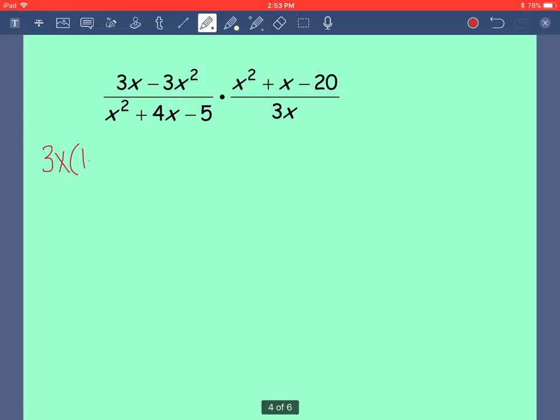And I'm left with 1 minus x over x squared plus 4x minus 5, which factors to be x plus 5, x minus 1.